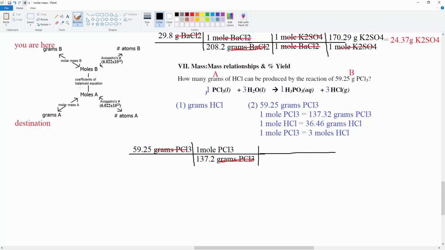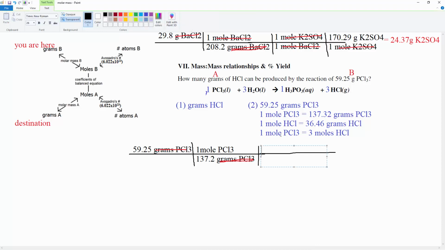And then good. If I'm following the roadmap, I just used the molar mass. I should be at moles of B, which I am. So now I'm going to use the coefficient to get me to moles of A. And we determined that these were the coefficients. 1 mole of PCl3 makes 3 moles of HCl. And I need the 3 on the top. Good observation, so that'll cancel.